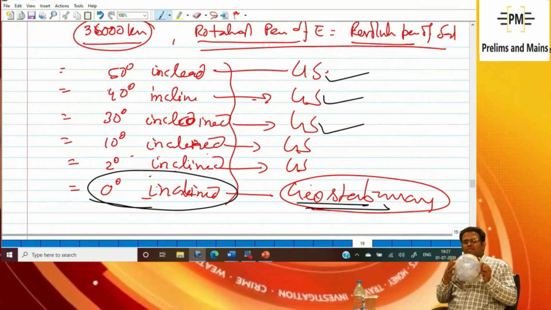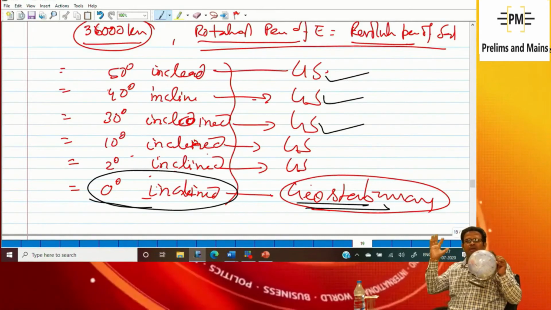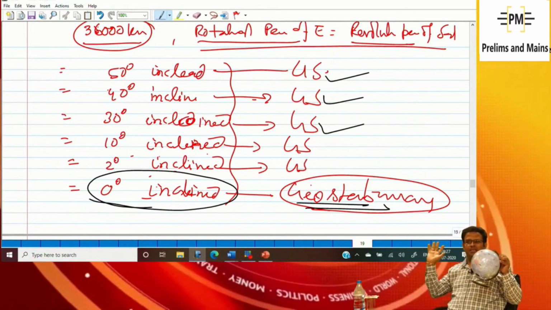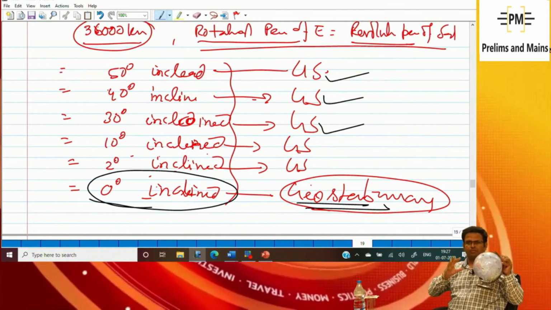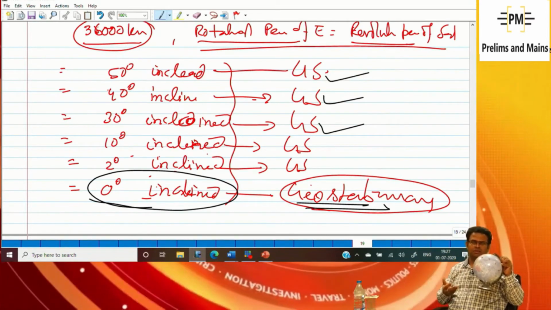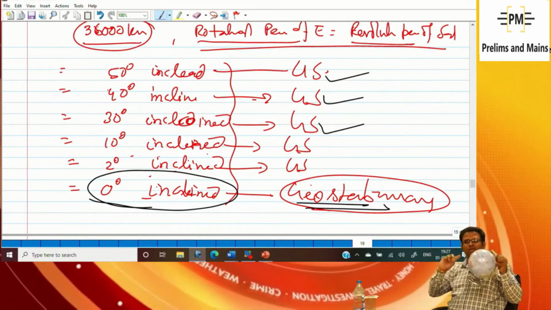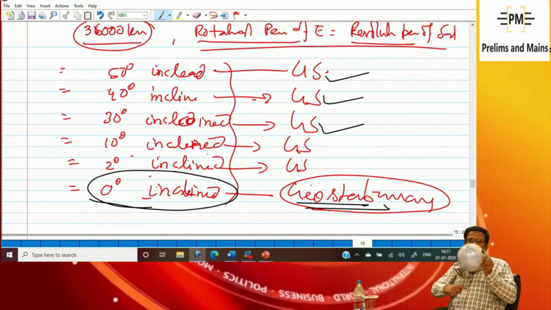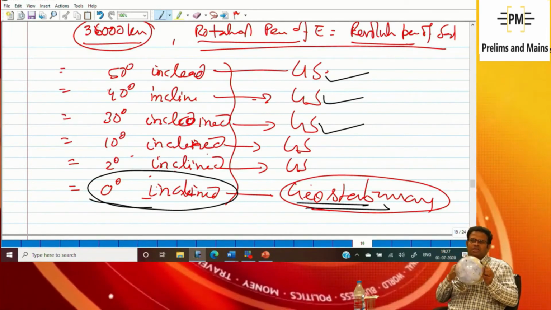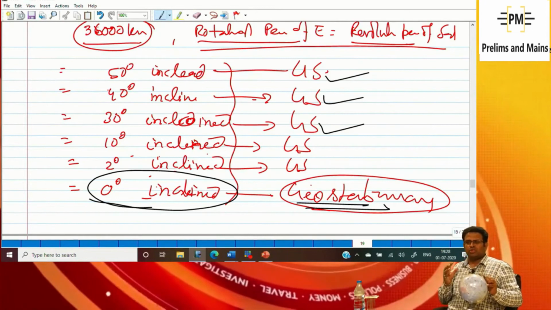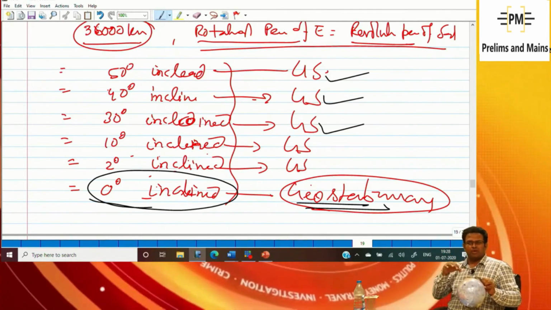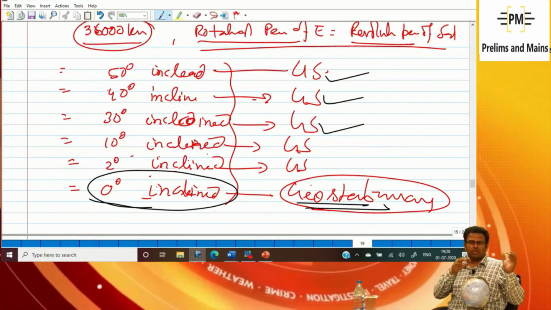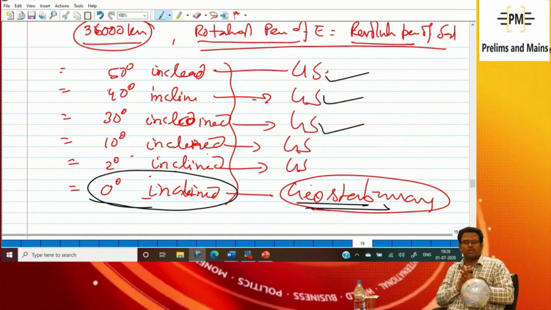All are synchronizing with the Earth because the satellite has the same revolution period as the rotational period of the Earth. But when it is at 0 degrees, above the equator, then it is geostationary. So geostationary is a part of geosynchronous Earth orbit. Understood it?